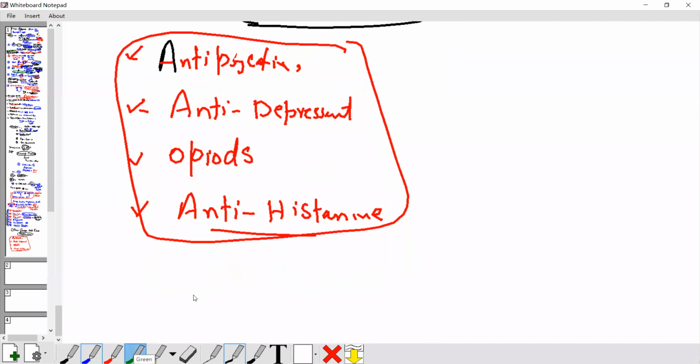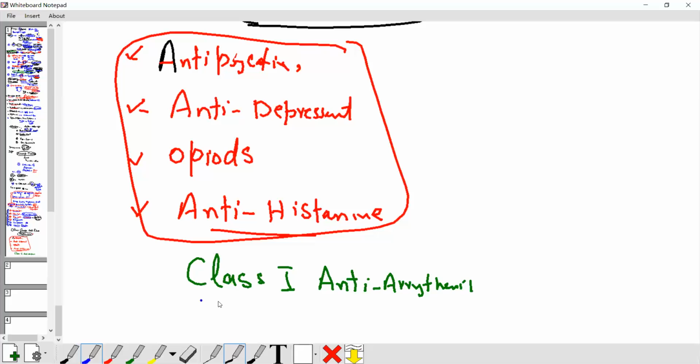Another group, right? Class 1 antiarrhythmic. This drug we learn in the CVS system. These drugs also have strong antimuscarinic effects. So their common side effects are like atropine-like side effects.